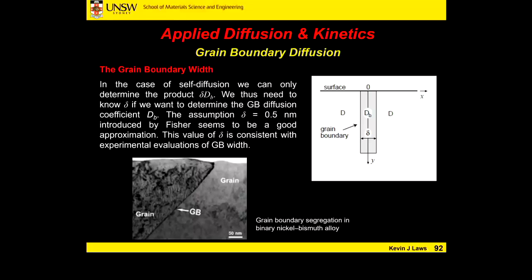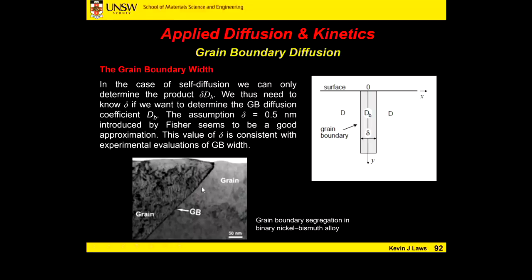But again, we can actually measure grain boundary width, particularly if we already have a segregant sitting in them. Here's an example of bismuth sitting on a grain boundary in nickel. In our TEM, we can go in here and say, all right, I can see the bismuth is sitting there at our grain boundary, that's a good indicator.